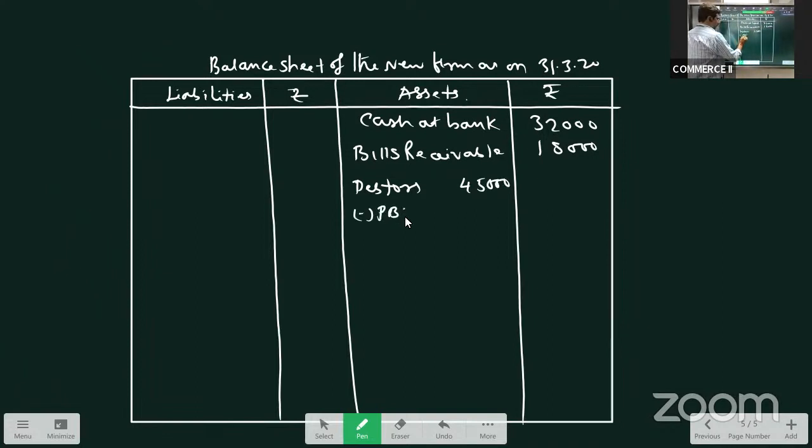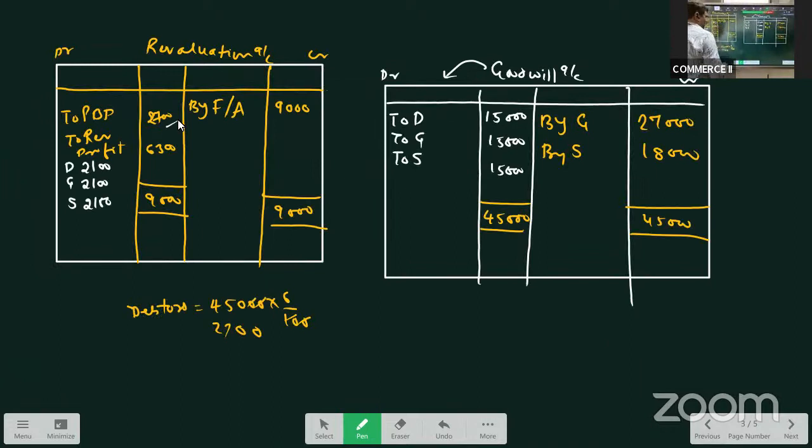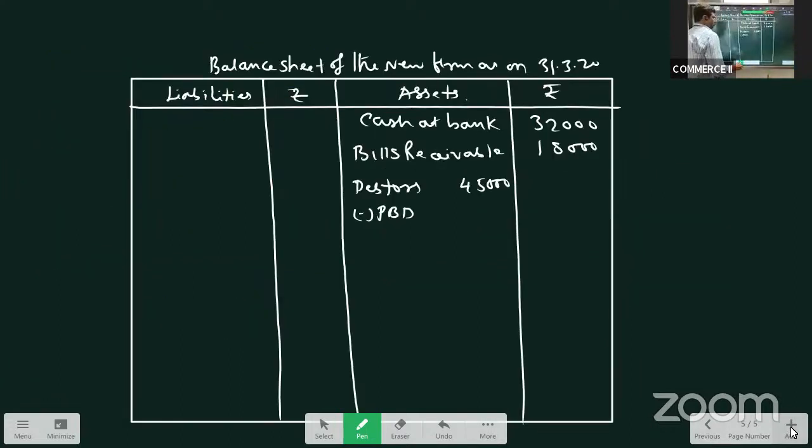If you refer to the revaluation account, you can see we had created a provision of 6% on debtors, which was 2,700. 6 5s are 30, 6 4s are 24, 27. So 42,300 is the net balance.